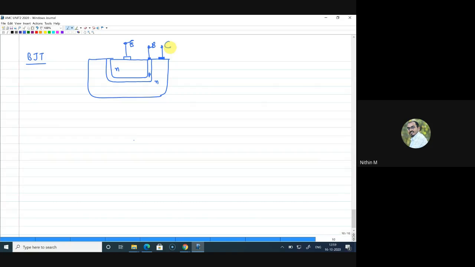So from the structure itself, we will understand that this is not a symmetrical device like a MOSFET. That means we cannot interchange E and C. Emitter and collector cannot be interchanged. If you do that, the biasing will go to reverse active, which will not be a useful circuit at all.